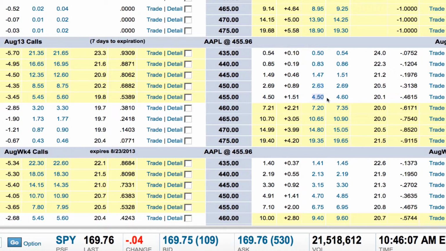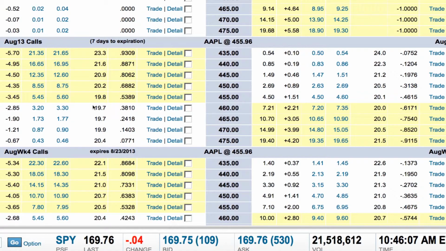I can look at the bid and ask prices for the puts as well. It's not important that you know exactly how these are derived. If you're looking at these numbers, it's good to understand how they are determined, and to know that they're determined in part by what the exercise value is, and then there's a component that is related to the risk associated with those options, and that's how they're priced.